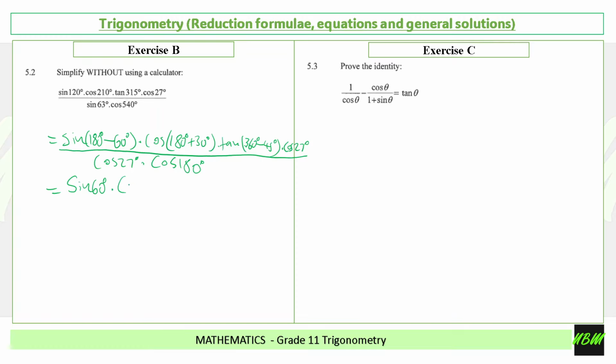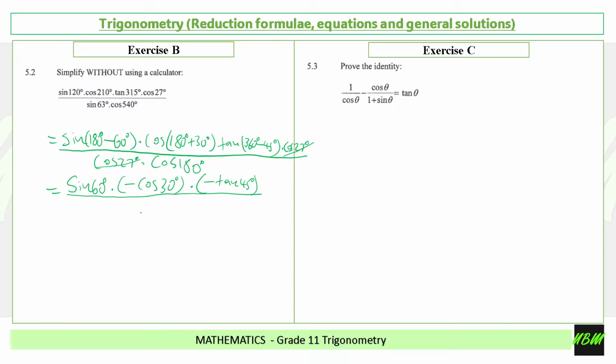Therefore, this will reduce to negative cos 30 degrees multiplied by tan of 360 degrees minus 45 degrees, which is in the fourth quadrant. In the fourth quadrant, tangent is negative, so negative tan 45 degrees, and 27 will cancel 27, all divided by cos of 180 degrees.